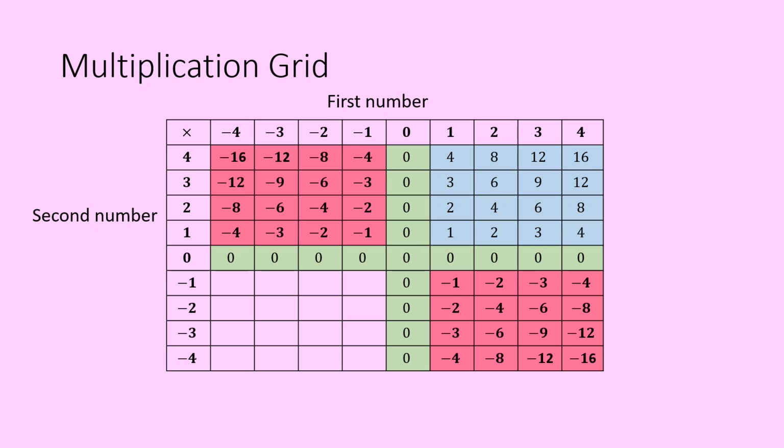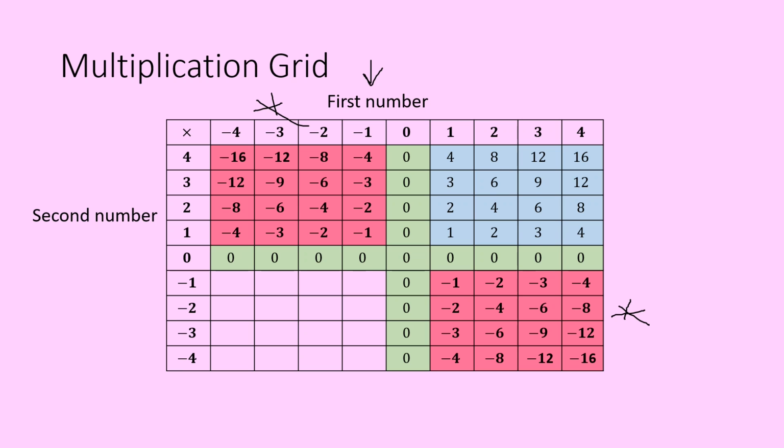This time we've got a positive number times a negative number, and it's the same as this red section and this red section when you've got a positive times a negative or a negative times a positive. But this time where the sequence is going minus 4, minus 3, minus 2, minus 1, 0.